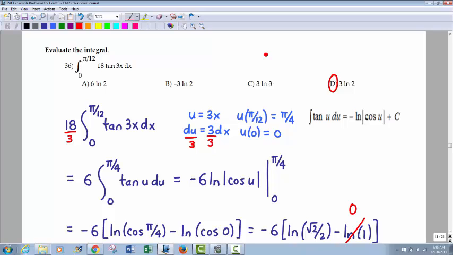And so there's the 18 right here. And then 1/3 just came out with it, so that's going to turn into 6 right there. And like I said, this is on your formula sheet.